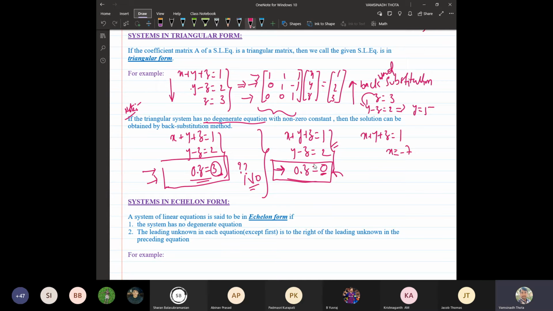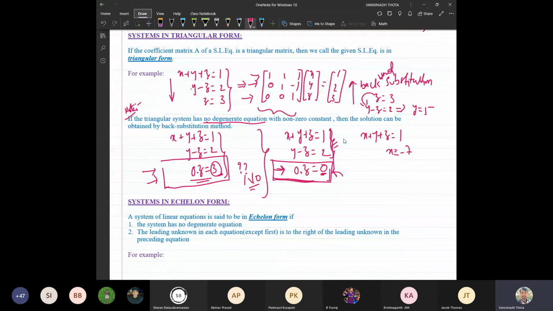If there is a degenerate equation with a 0 constant, you can completely exclude this equation and continue with the remaining equations for the solution. So that is all about the triangular form.